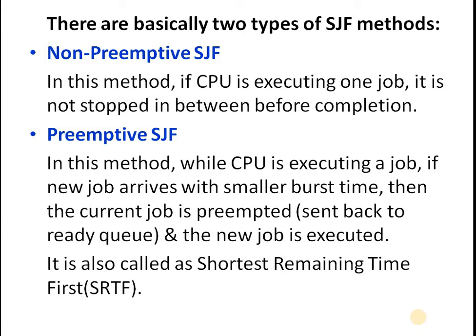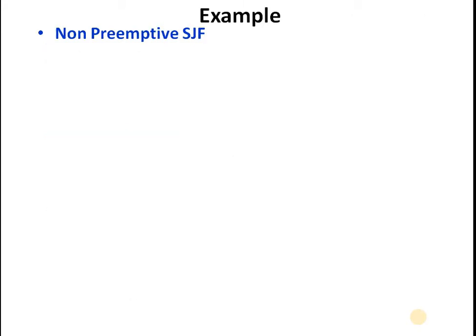Now we will see the example of non-preemptive SJF and preemptive SJF. The basic idea of SJF is in its name, shortest job first. The job or process having the smaller CPU time or burst time will get executed first.